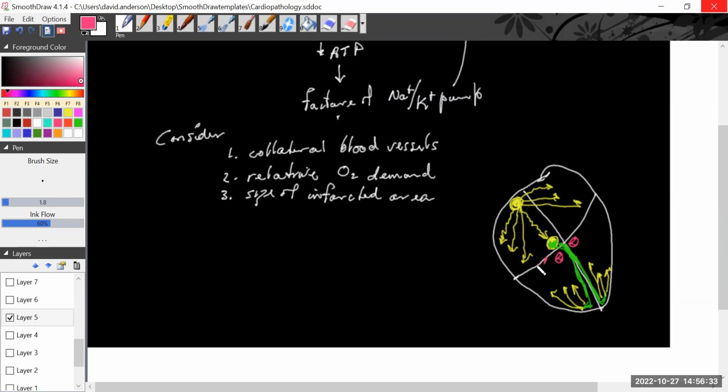So we had the AV valves like that. And we had our semilunar valves, the pulmonary valve and the aortic valve, that allow the blood to leave the respective ventricles. Okay, so we want to be very aware of this conduction system.